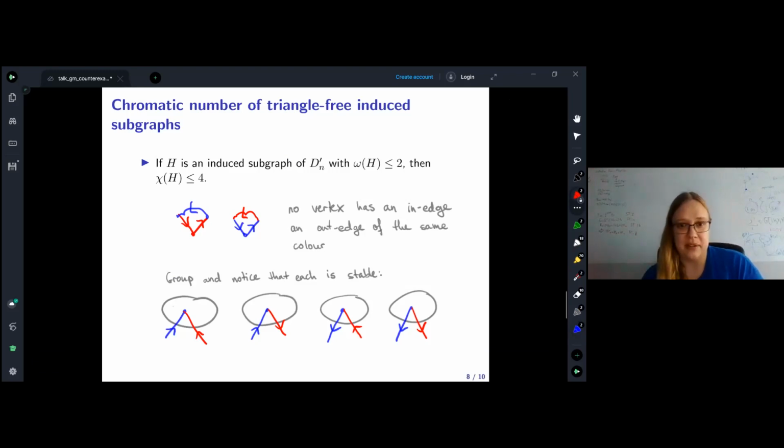Right, and here it matters that we're talking about an induced subgraph, so these arguments carry over from Dn prime to H. So that means in H, each vertex either all its blue edges are in neighbors, or all its blue edges are out neighbors, and the same for its red edges.